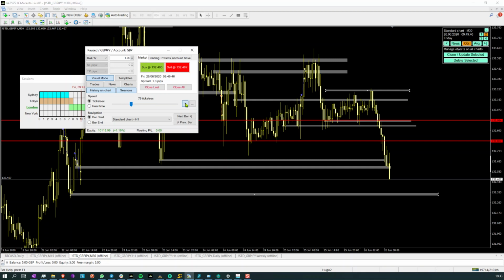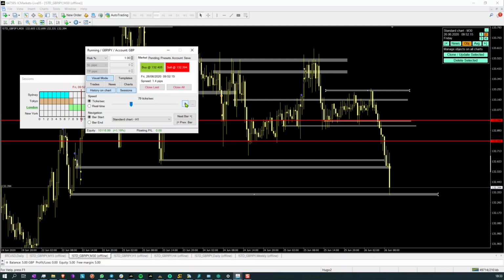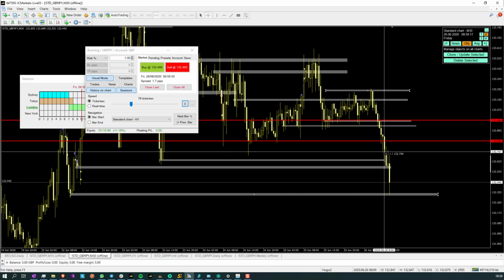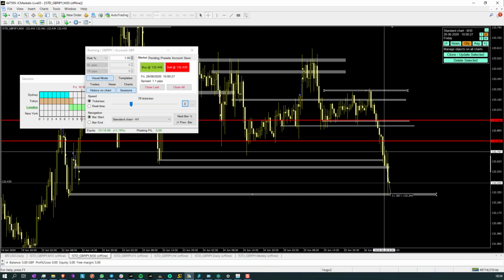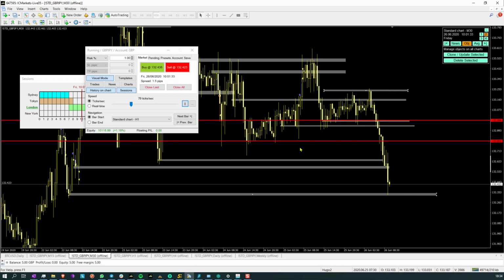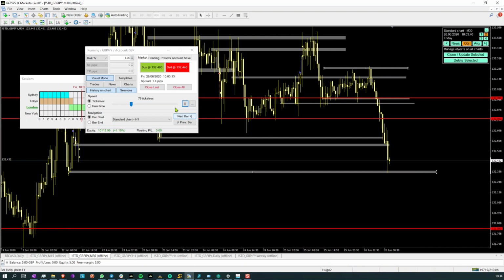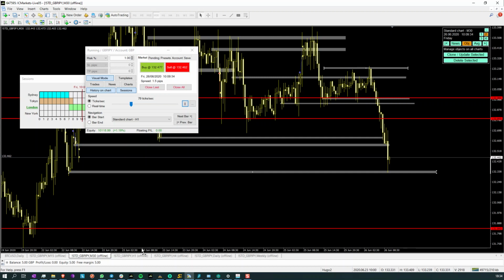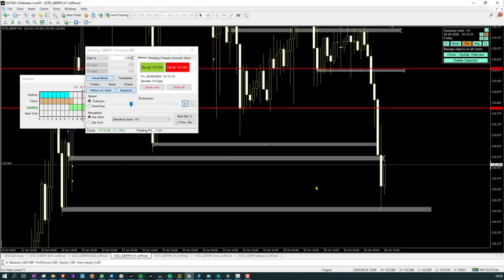There's nothing here for me. What a crazy trade this would have been in the break of this week here. Like 36 pips already. Now we have support, and then we have support again, and then support here, and then support there. Man, it's just so ugly. So ugly. Okay, 1 hour support here.